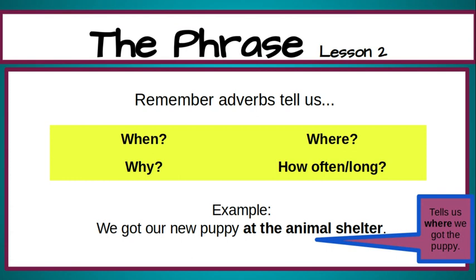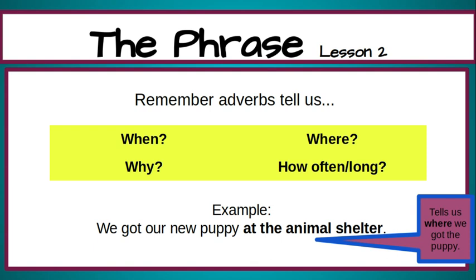However, for the time being, let us focus on the fact that adverbs modify verbs. They tell us more information about verbs, okay? So they tell us when something happens, where something happens, why something happens, how long or how often something happens. They also can tell us to what extent something happens.